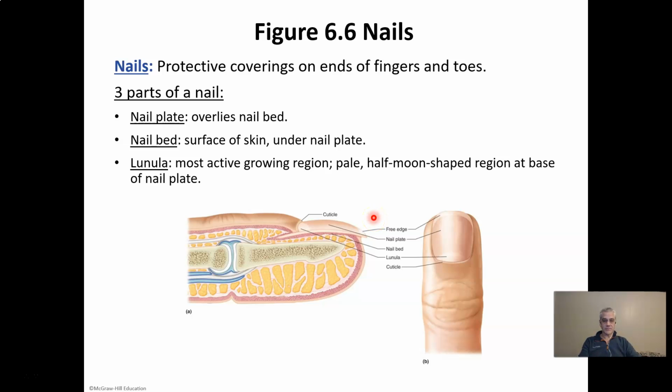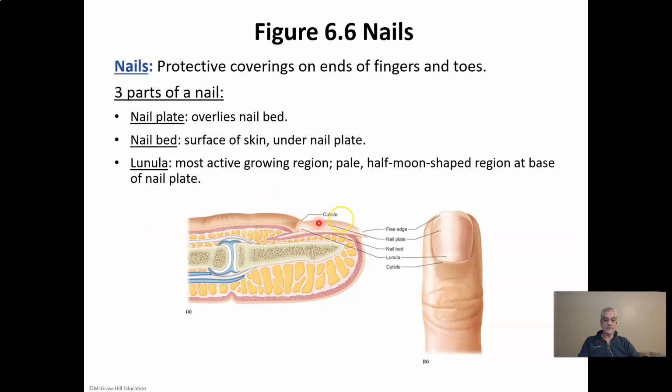with fingernail clippers. Now, of course, all of this stuff, the plate on up to the free edge, is not innervated. Thank goodness, because when you cut your nails, you don't feel anything. But if you were to cut it too far back, eventually you're going to run into cells that are adherent to the underlying surface.